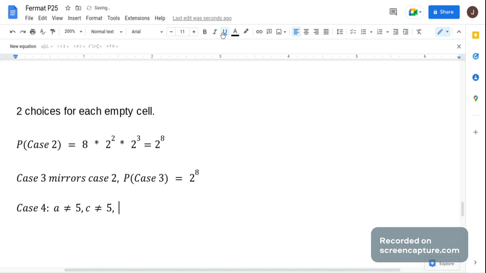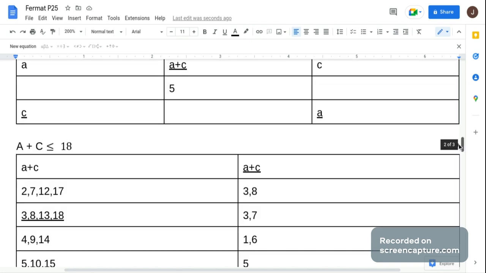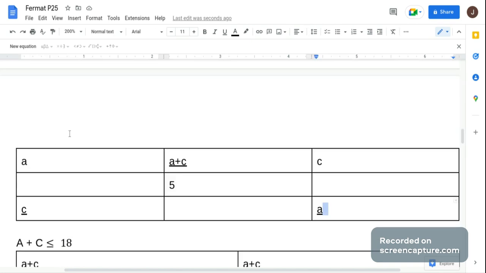Yes, this one. Underline A plus C. It is a multiple of 5. So this is case 4. Now we are going to put it back here.